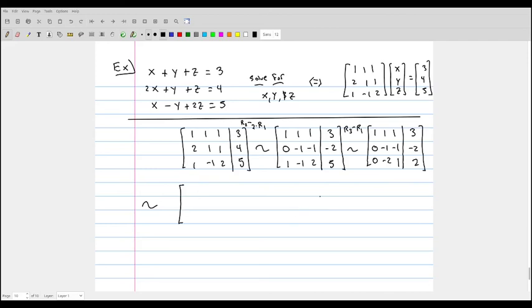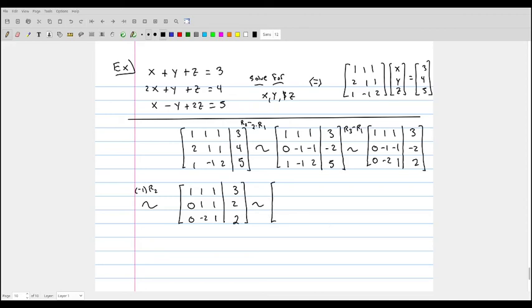So I'm going to multiply the second row by negative 1. To get 0, 1, 1, 2. We give this a 0, negative 2, positive 1, 2.